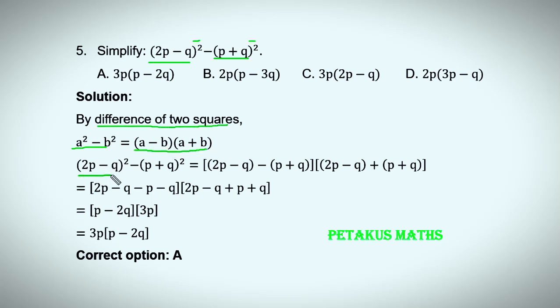Back to the given problem, comparing this to this we are working with, it simply means you replace a with 2p minus q and you replace b with p plus q.